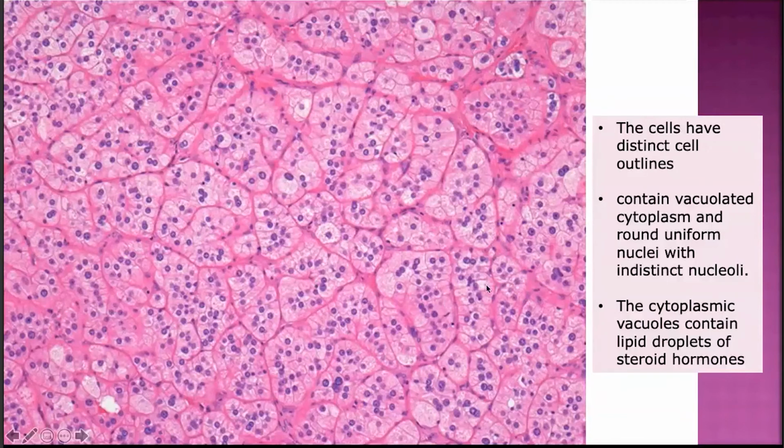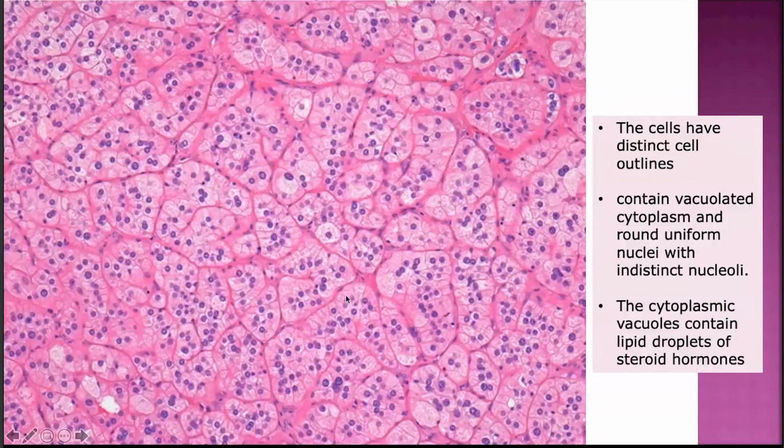The cytoplasm is clear, and some of it becomes vacuoles containing lipid droplets within the cytoplasm. Inside, the nuclei are very small, and there are no nucleoli inside. This is a very benign tumor.